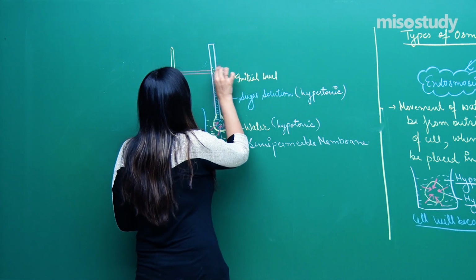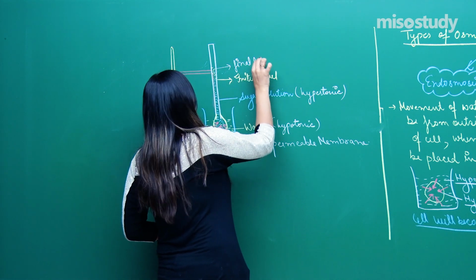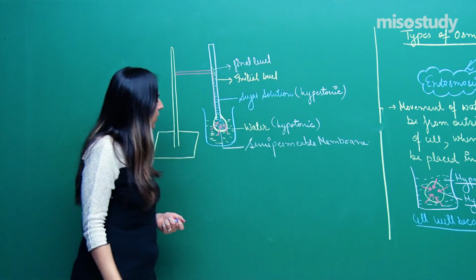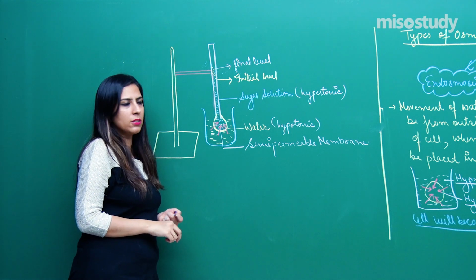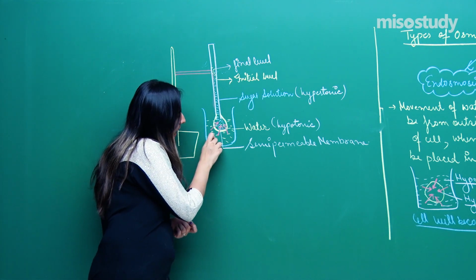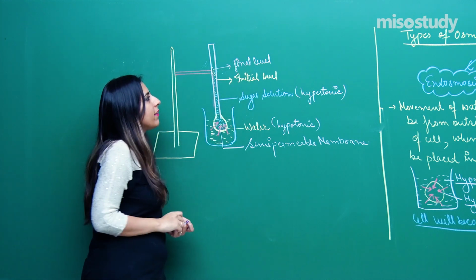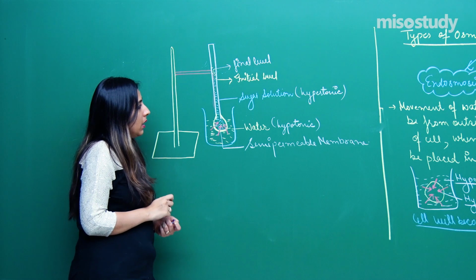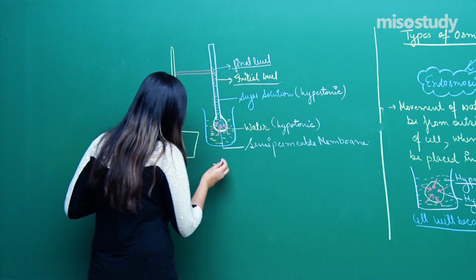So after some time, there will be a final level attained, because the movement of the water has occurred from the outside to the inside of the sugar solution, because this is hypotonic and this is hypertonic. Now the rise in this water level can be seen. Right? So this is called osmosis.